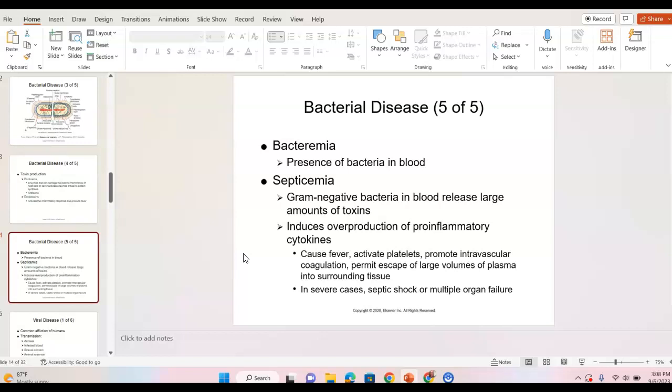Remember, cytokines are those substances that are released from cells that stimulate the whole immune response. Can cause fever, can cause platelets, which facilitate clotting, can promote intravascular coagulation, and it permits the escape of large volumes of plasma into the surrounding tissues.